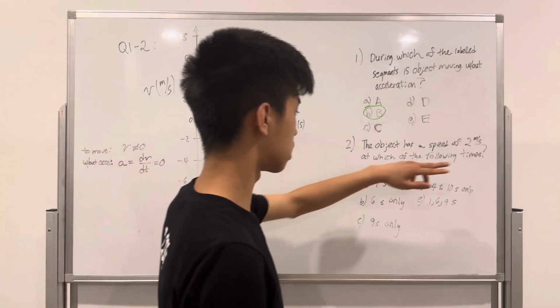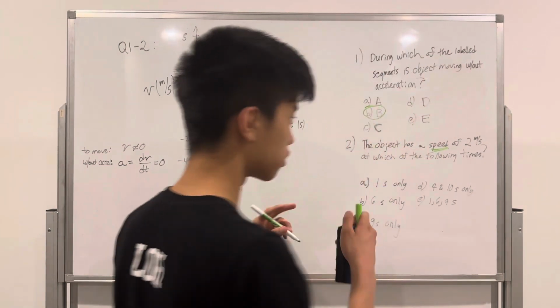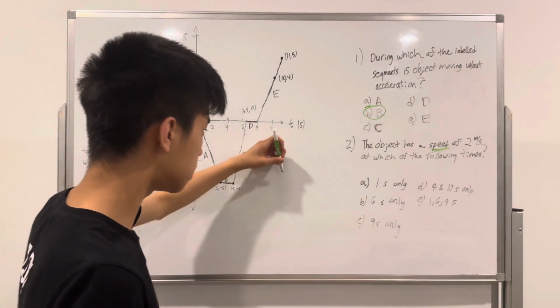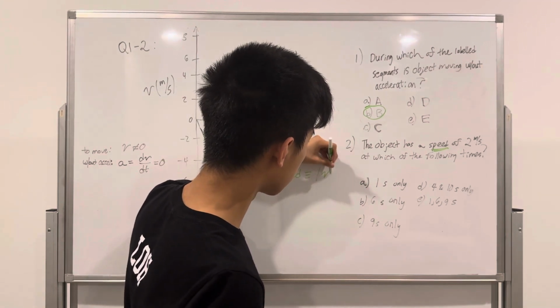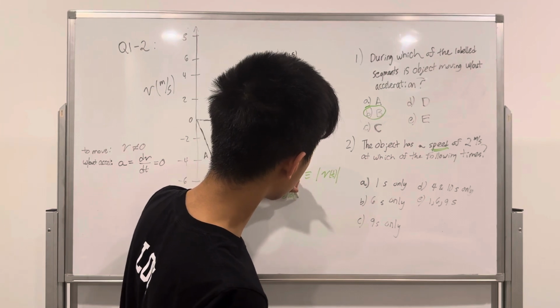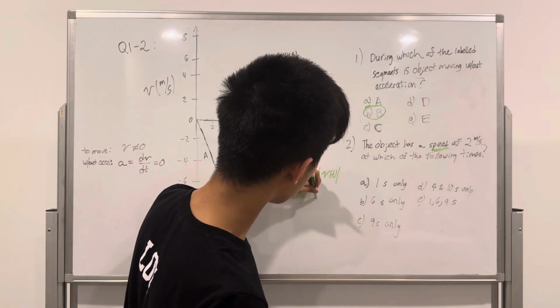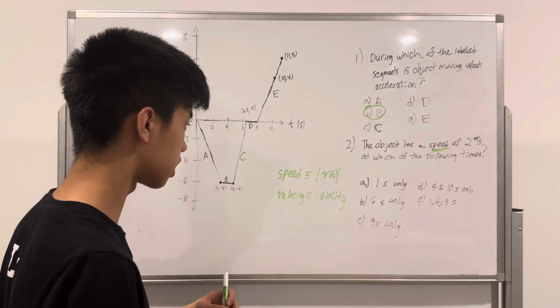First of all, in order to understand this question, we have to understand the keyword speed. There's a difference between speed and velocity. Speed is the absolute value of the velocity, while velocity is quite literally just velocity. I'm using a different color because my other ones ran out of ink.